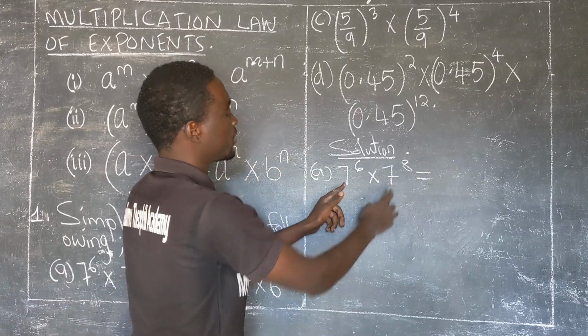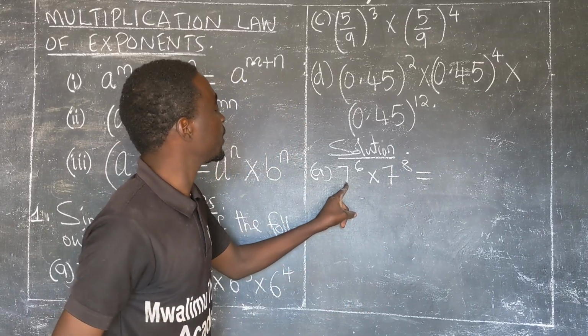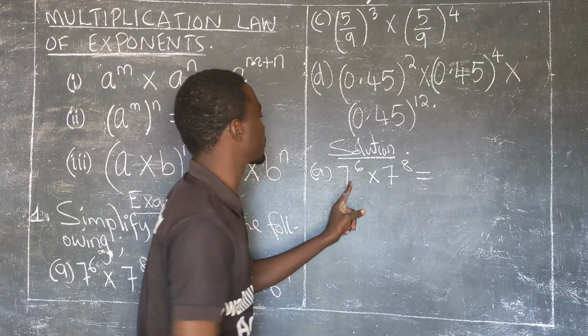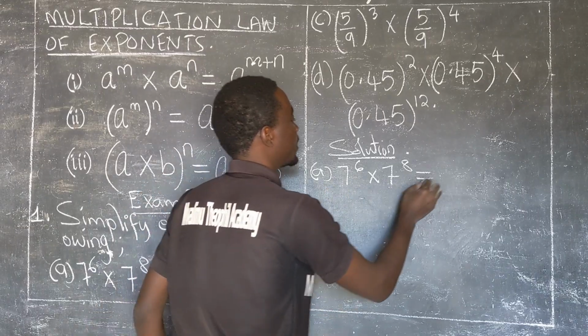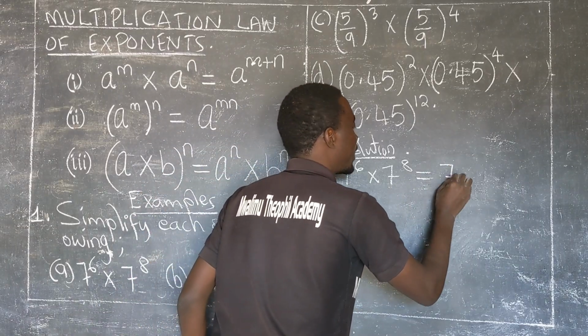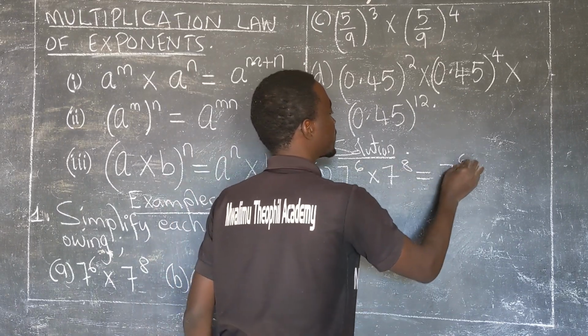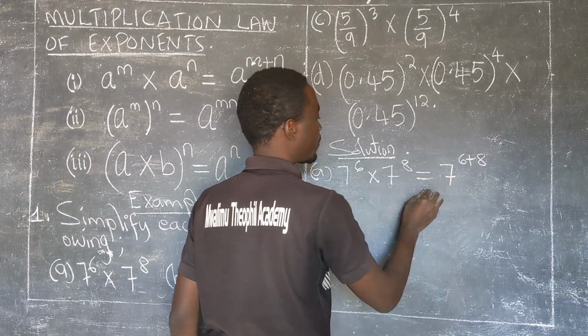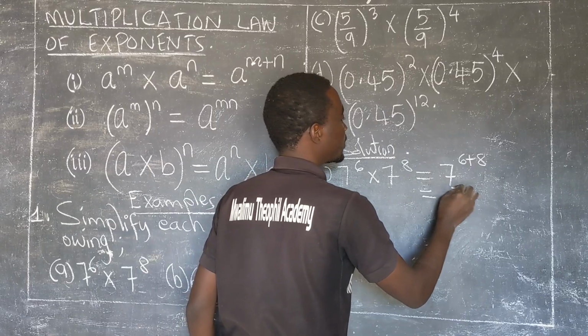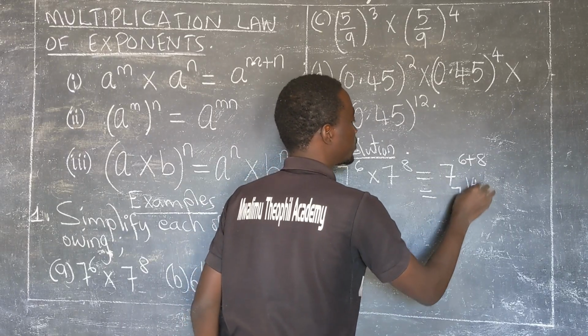When you simplify this, as the numbers multiplied have the same base, we take a single base, then we add the exponents, 6 plus 8. Now the answer here is going to be 7 raised to 14.